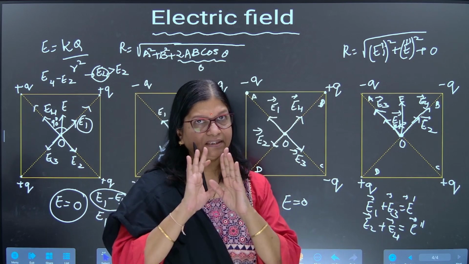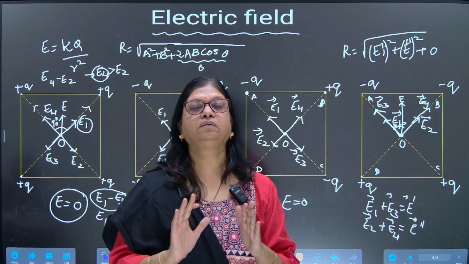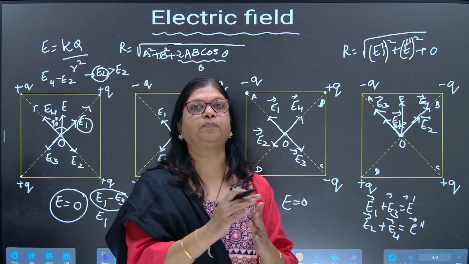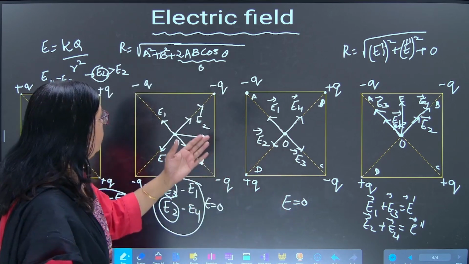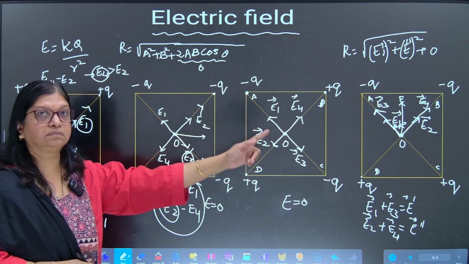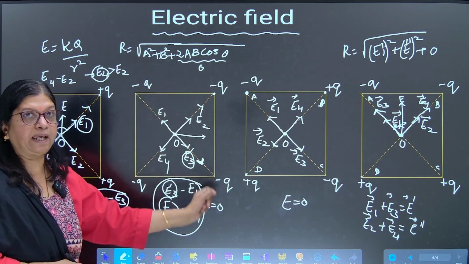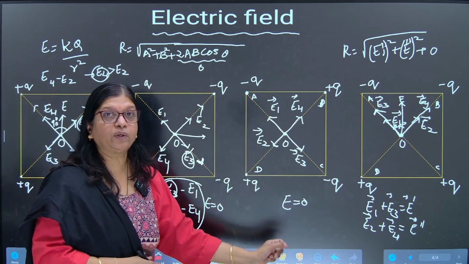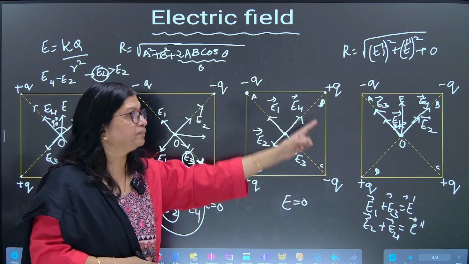Clear? So these are the general ideas which you can remember while doing such type of questions. And if you remember these polarities, as I said, all are equal, same polarity, all are equal in magnitude, polarities are opposite, same.